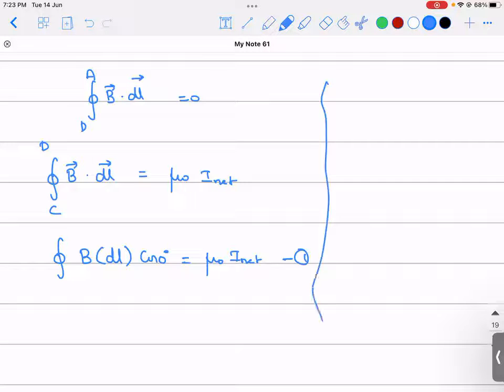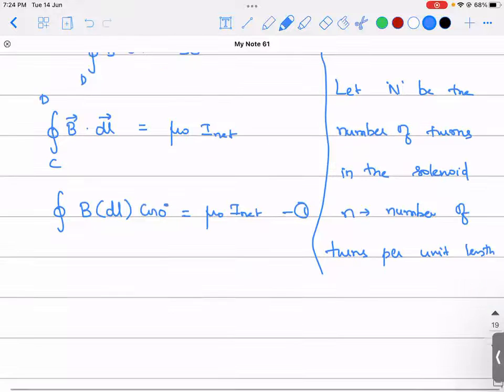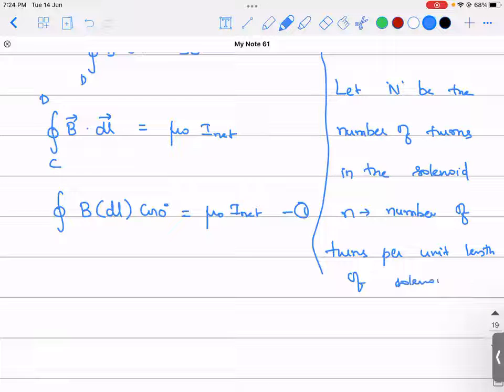Listen to this. Let capital N be the number of turns in the solenoid and small n be the number of turns per unit length of solenoid. Okay.